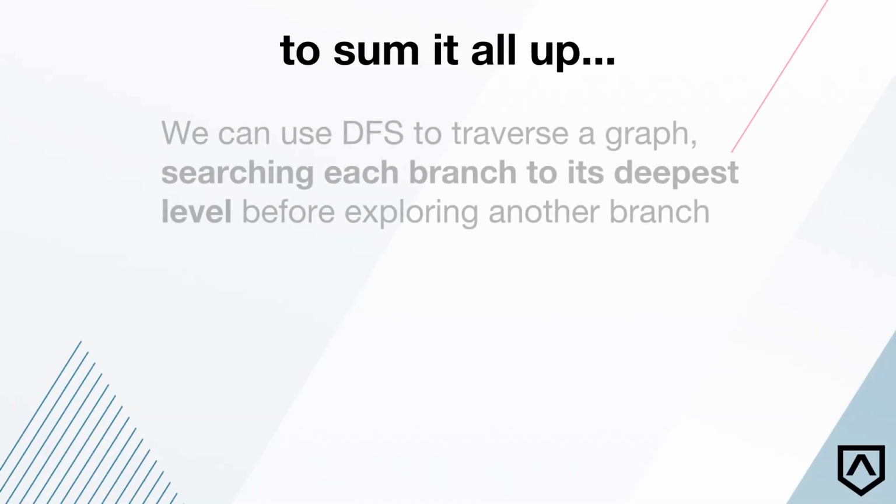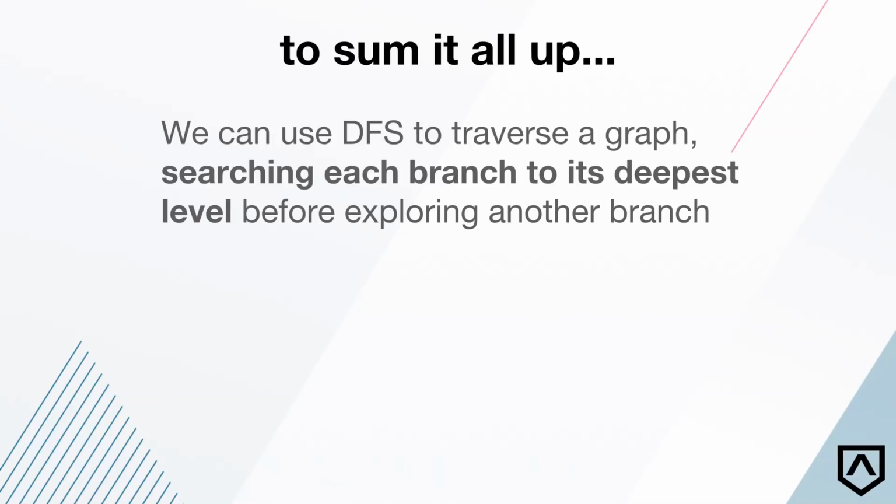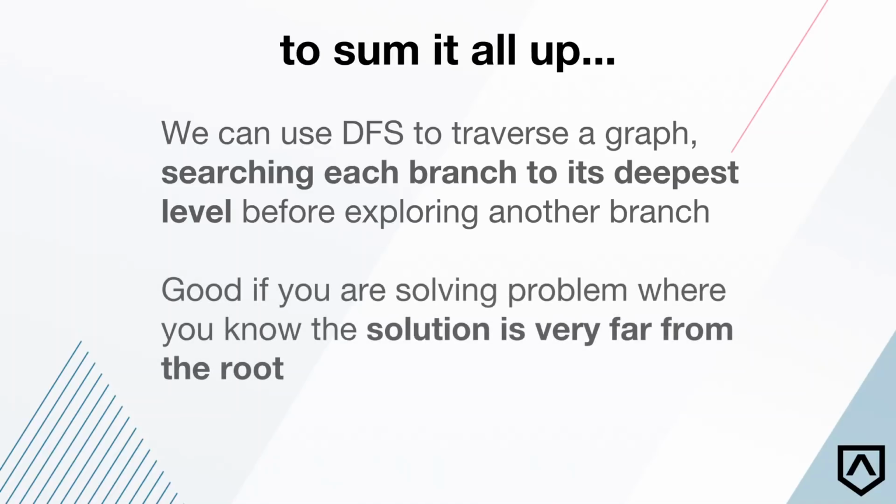So remember, with depth first search, it's just another method that we can use to traverse a graph, to search a graph for a particular solution. However, we are searching down each complete branch, not across levels like we do with breadth first search. So we're exploring each branch to its deepest level as far as it will go.